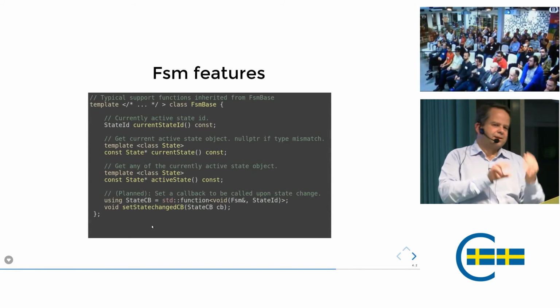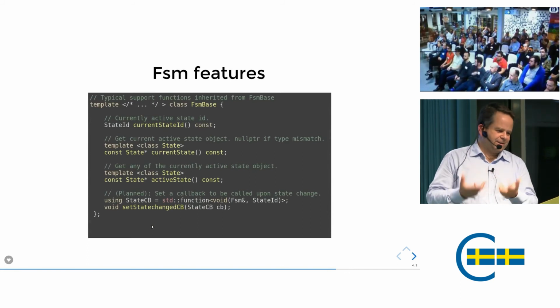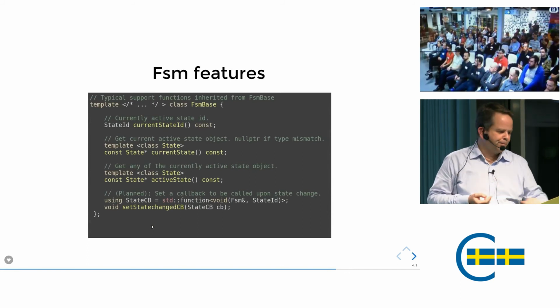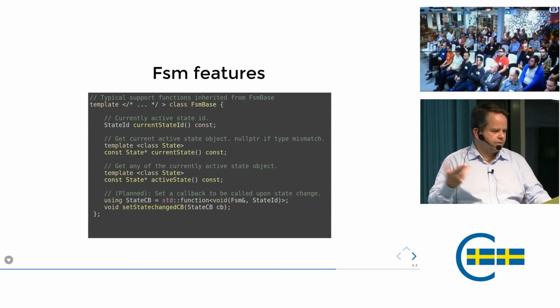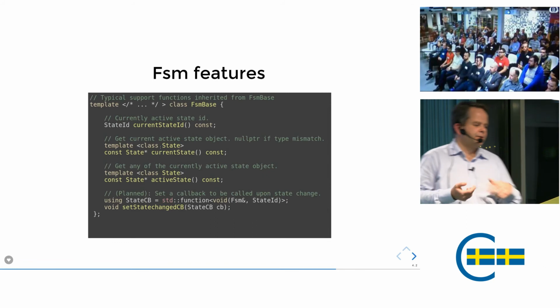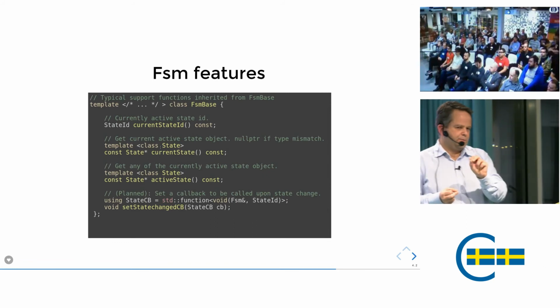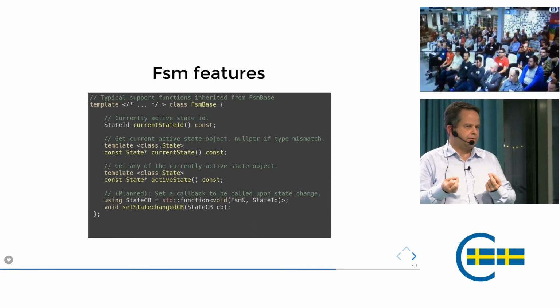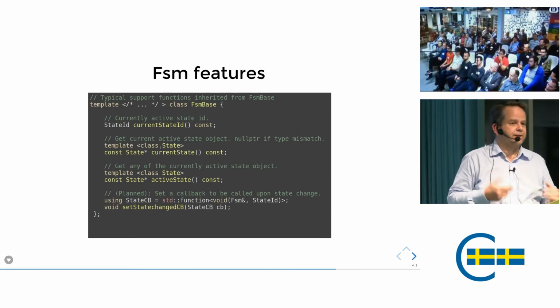And once again, going out to the outside, looking at the state machine, what does that one offer? You can query the current state. Once you know the current state, you can actually deduce the type of the state, and you can get a pointer to it that allows you to inspect what's going on inside that current state.